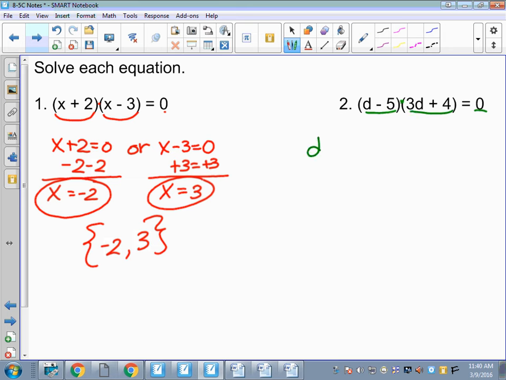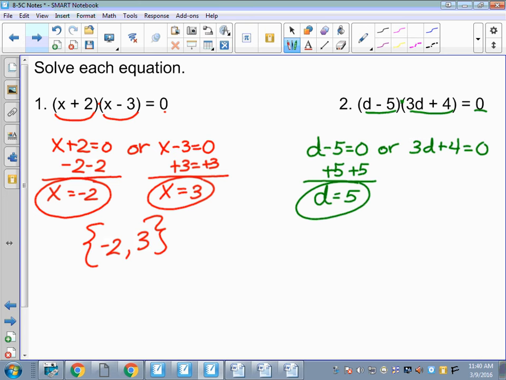So we take each factor. Maybe d minus 5 is equal to 0, or maybe 3d plus 4 is the one that's equal to 0. If d minus 5 is the factor that's equal to 0, that means that the value of d is equal to 5. If 3d plus 4 is the factor that's equal to 0, we're going to subtract 4 first.